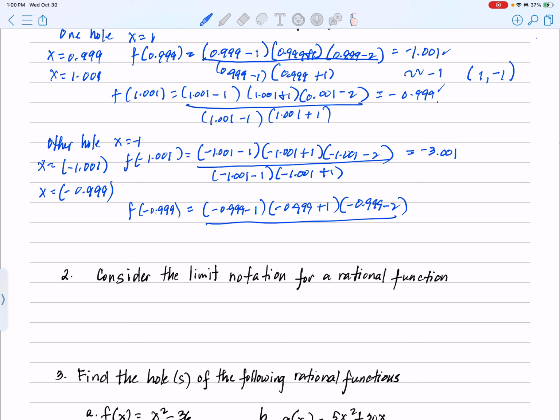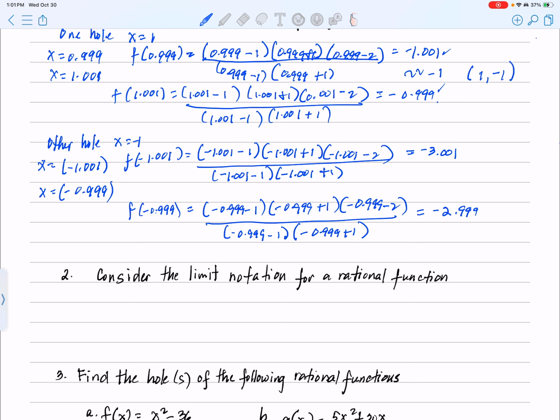And then you have a negative 0.999 minus 1 and negative 0.999 plus 1. You come up with a negative 2.999.